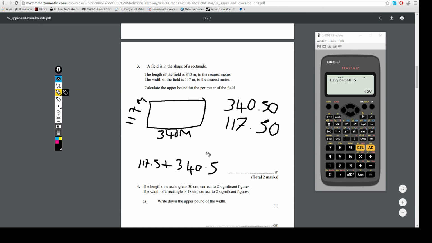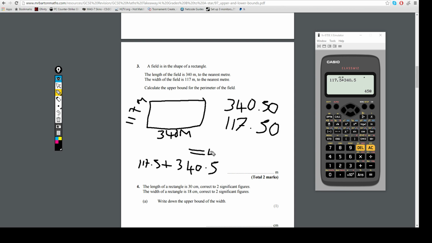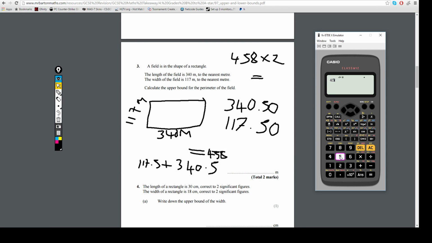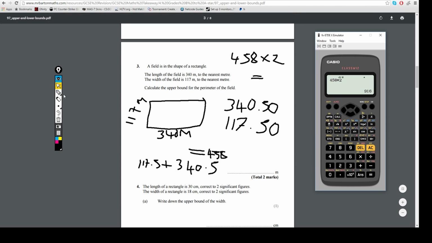458. So that'll be equal to 458, and because it's perimeter, we've only found out half of the rectangle. So what we're going to have to do is 458 times 2, and that will give us our answer. Let me do this. 458 times 2 equals 916, and that is absolutely correct. 916.